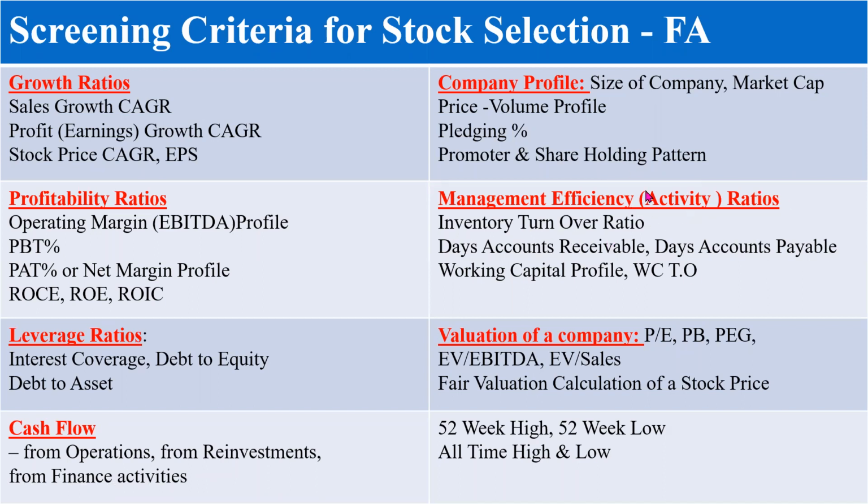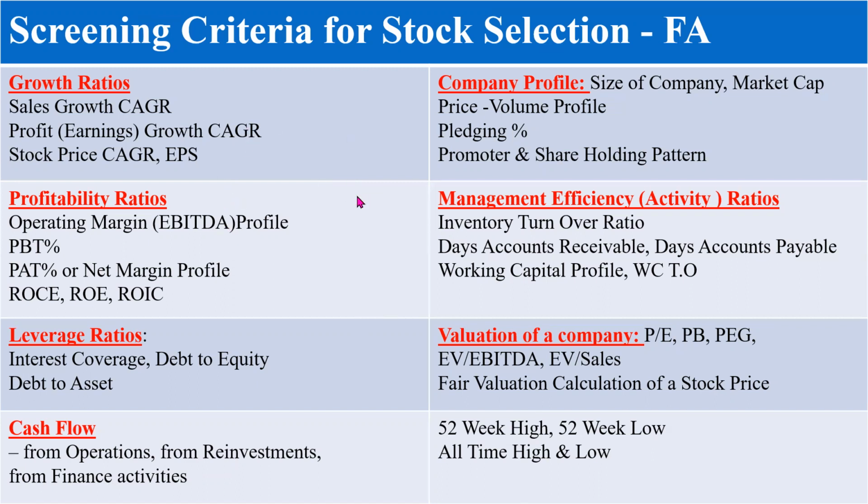Efficiency and activity ratios will tell you how well you're running your company from the inventory point of view, accounts payables, accounts receivables and working capital ratios. This will tell you the money coming into your company and going out of it. Valuations will help you understand whether you should buy at this level or not. Okay, so we'll see this today.